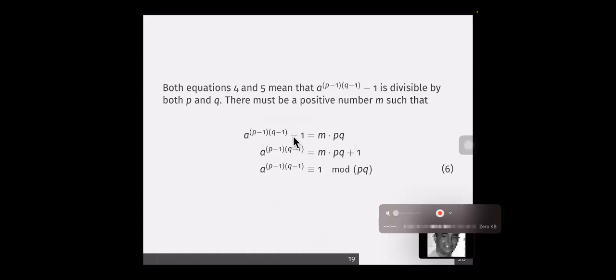However, if we transpose one to the other side, you get this very familiar looking equation. What is this equation? This is nothing but the definition of the modulo. So a to the p minus 1 times q minus 1 is equal to 1, the remainder, mod pq.